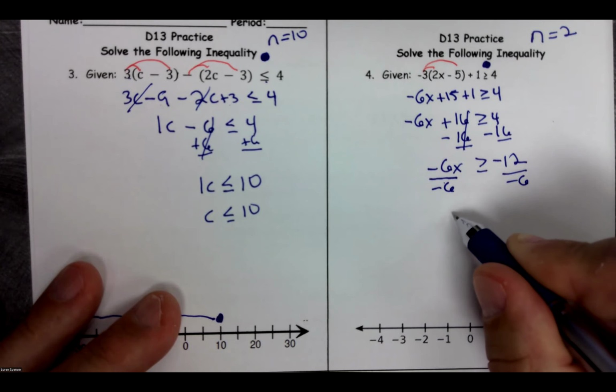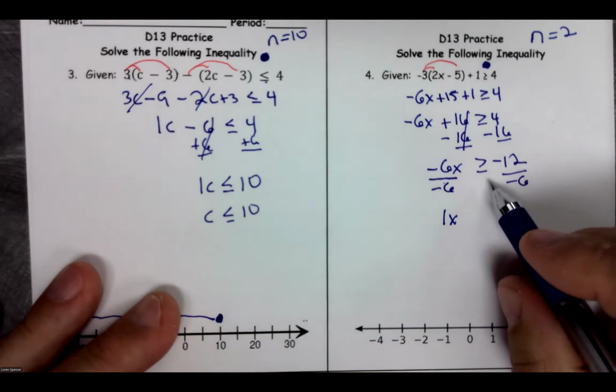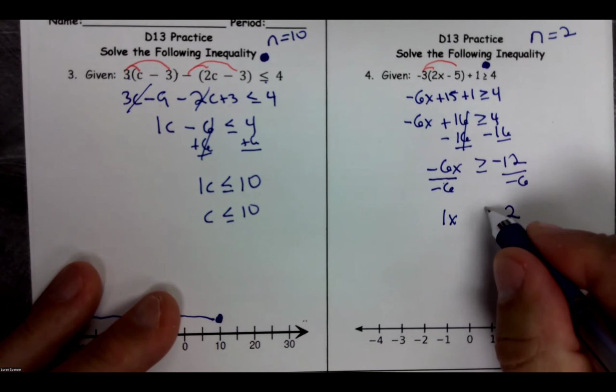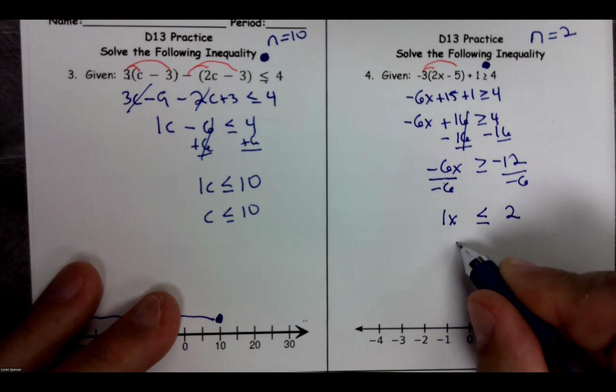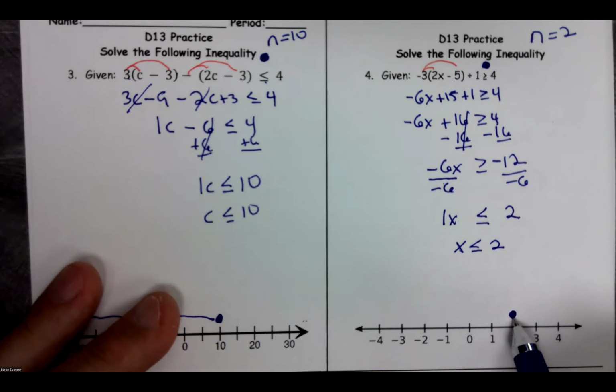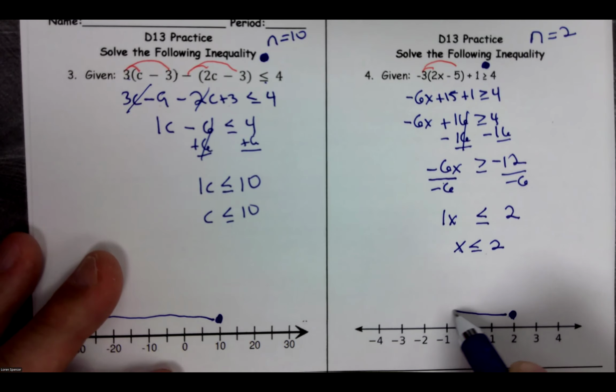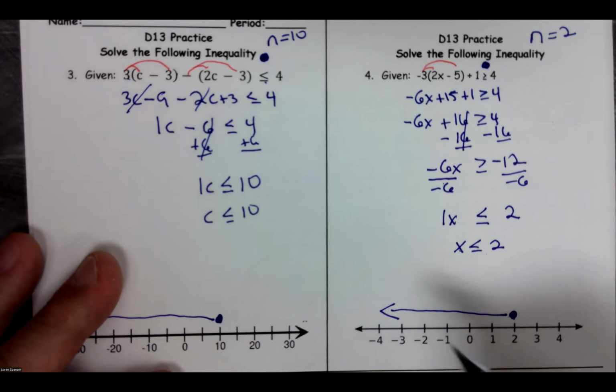This becomes 1x, and this becomes positive 2. But we divided by a negative, so we have to flip the sign. So our answer is x is less than or equal to 2. We already have the solid dot at 2, and we know our arrow is going in that direction.